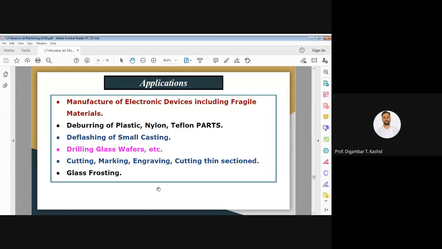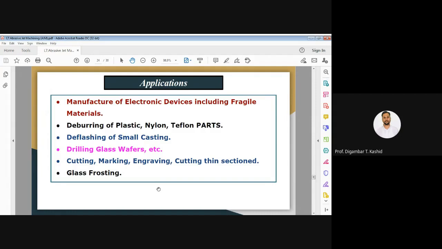Now here I have shown the frosting of glasses, which is also done using this process. Why go for frosting? So that your glasses become opaque. Normally glasses are transparent, but after frosting with this process they become opaque.